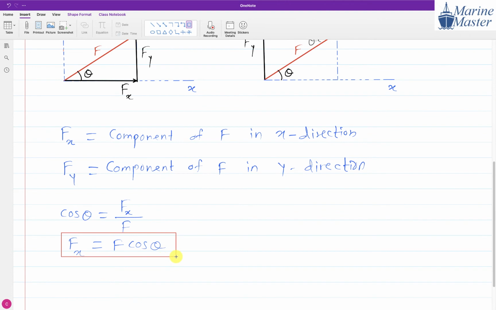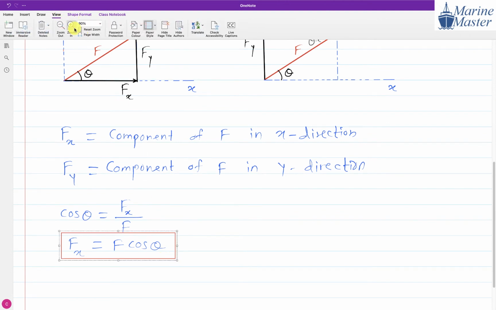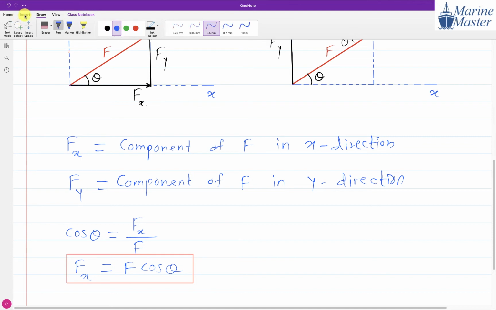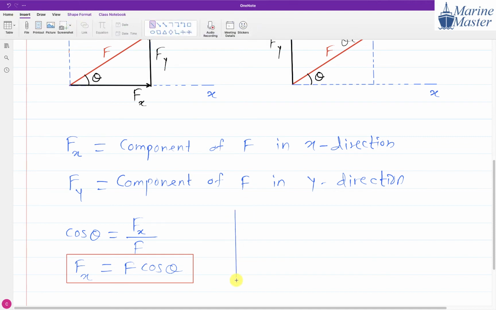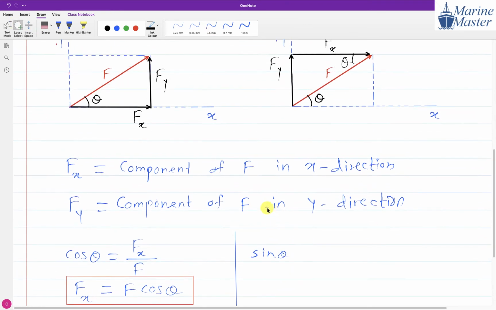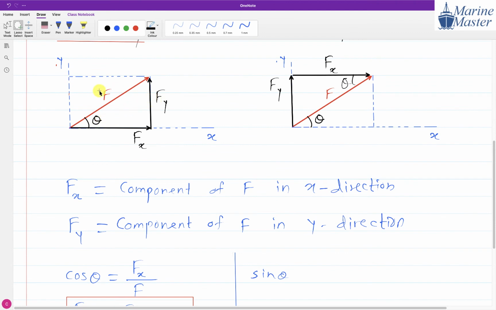Now similarly, one minute, don't write anything, let me first complete the things. I will do it side by side, so that during revision you will not get confused. Now just observe, what is the basic expression for sin theta here? Opposite by hypotenuse.